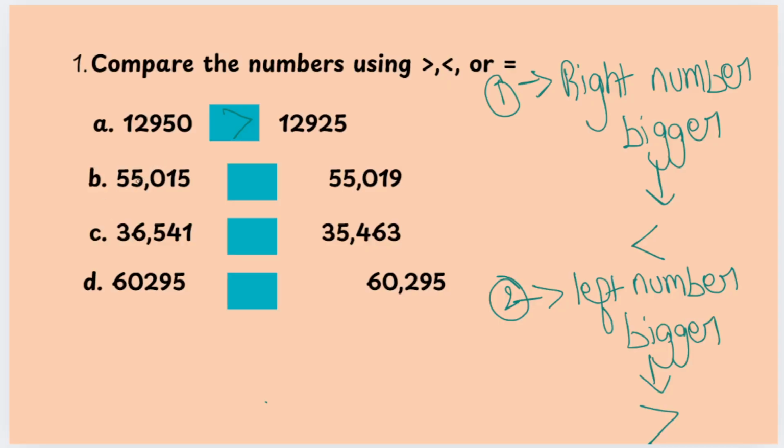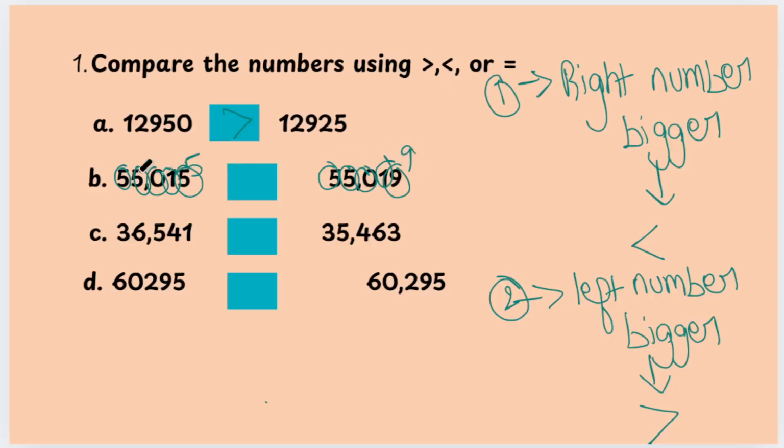What about the second sum? The first digit is 5. The second digit is also 5. Third digit is 0. Fourth digit is 1, here also 1, same. What about the fifth digit? Here we have 5, here we have 9. Which is bigger, 5 or 9? 9 is bigger.